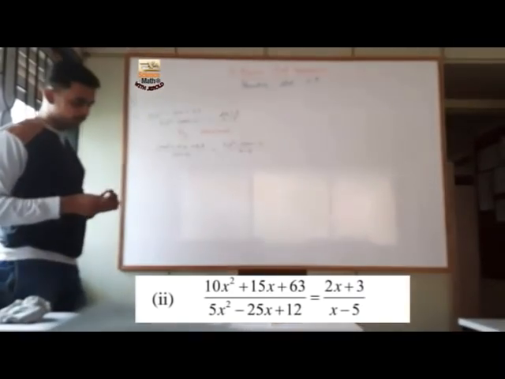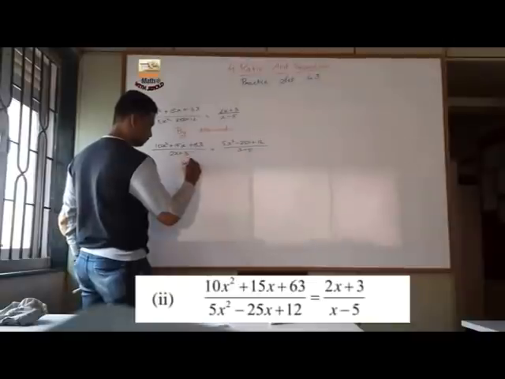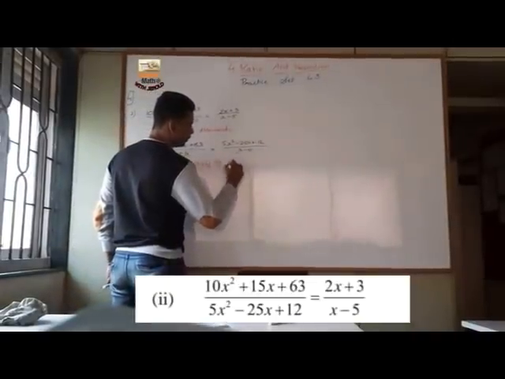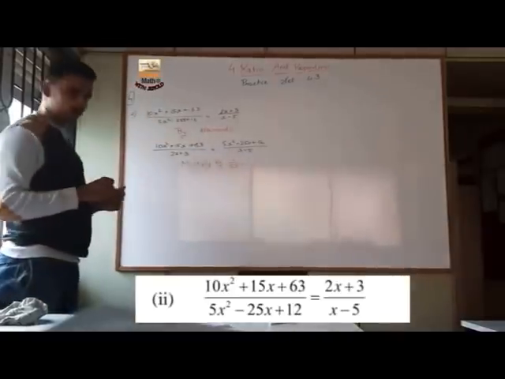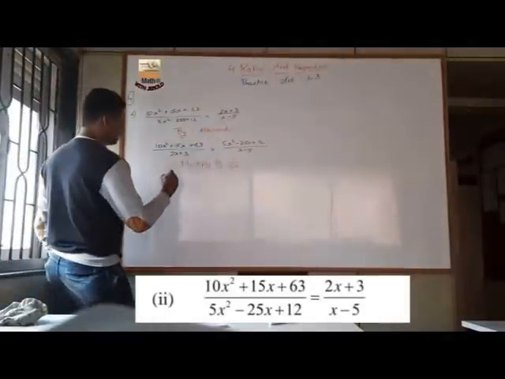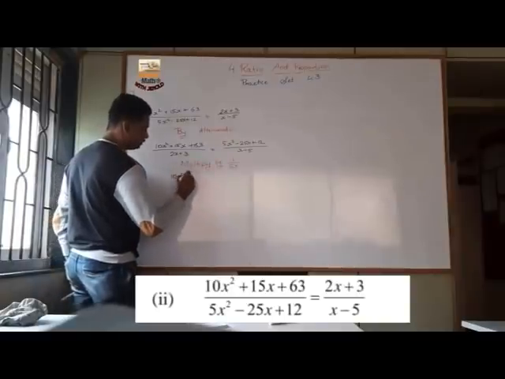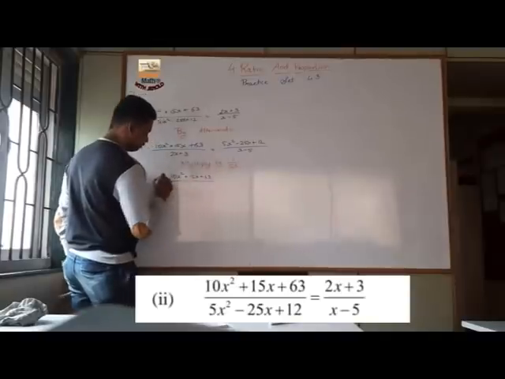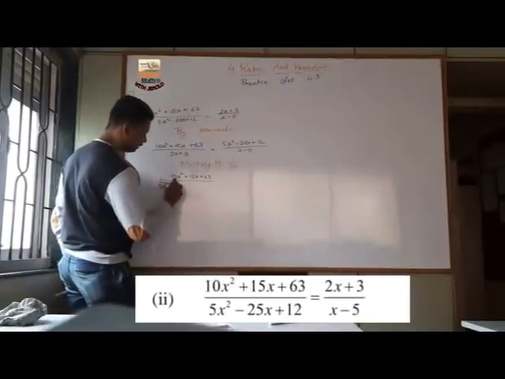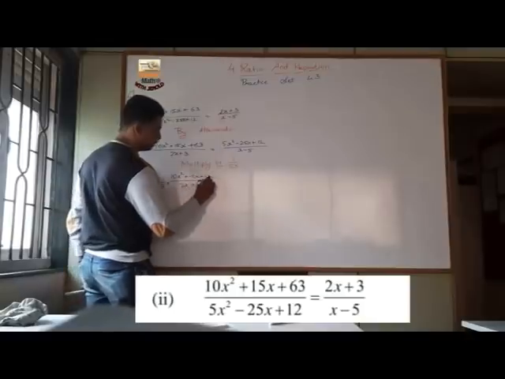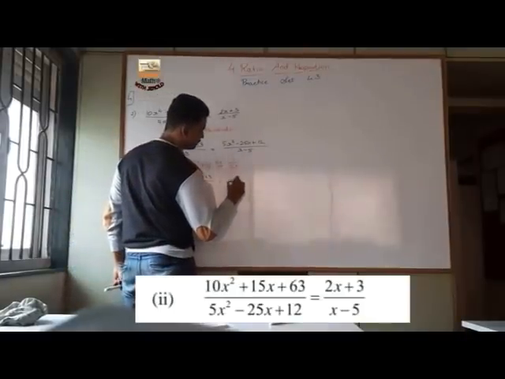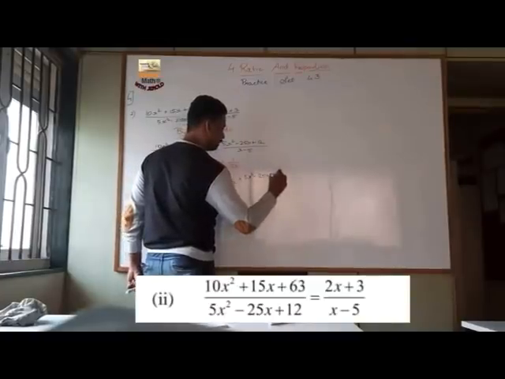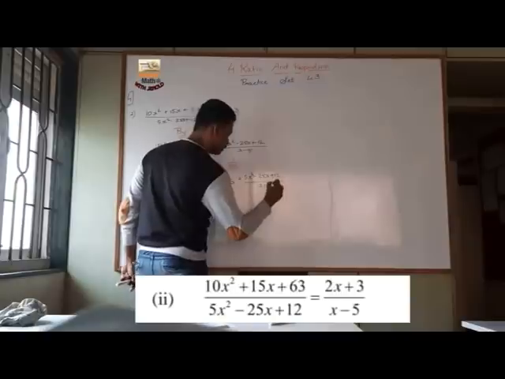Hence this is how we will multiply by 1 upon 5x. So 10x squared plus 15x plus 63 into 1 upon 5x multiplied by 2x plus 3 is equal to 1 upon 5x multiplied by 5x squared minus 25x plus 12 divided by x minus 5.